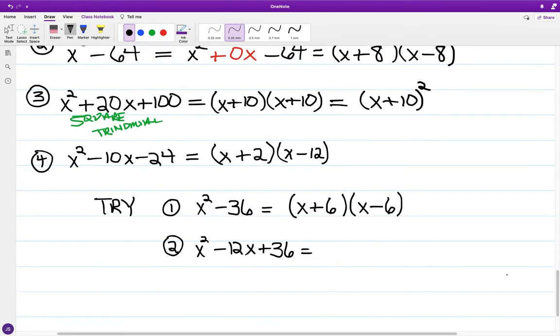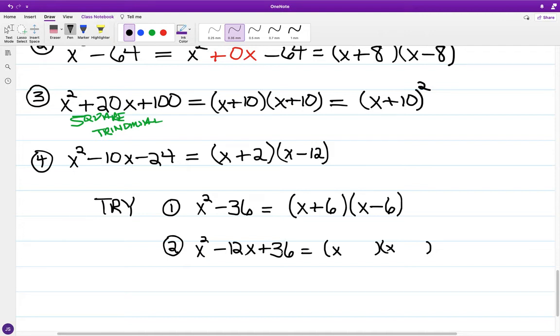Now, for x squared minus 12x plus 36, the first case was a difference of squares. This one is another case of a square trinomial. Now for x squared, this is going to factor out once again to x and x. And for factors of 36, the way that two numbers can multiply into a positive product is for both numbers to be positive or both numbers to be negative.